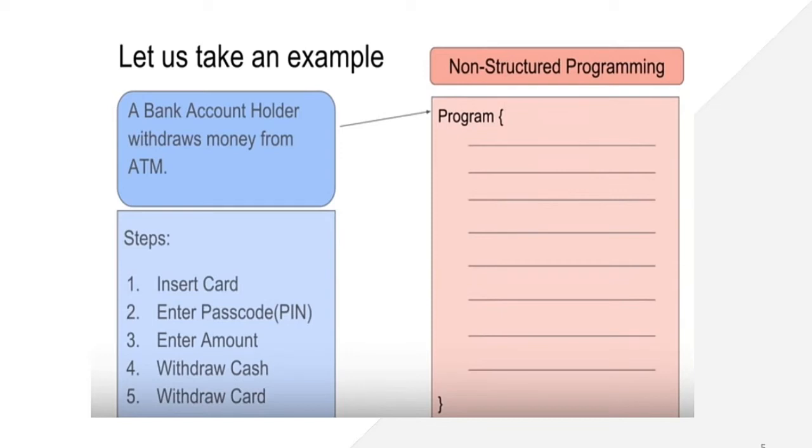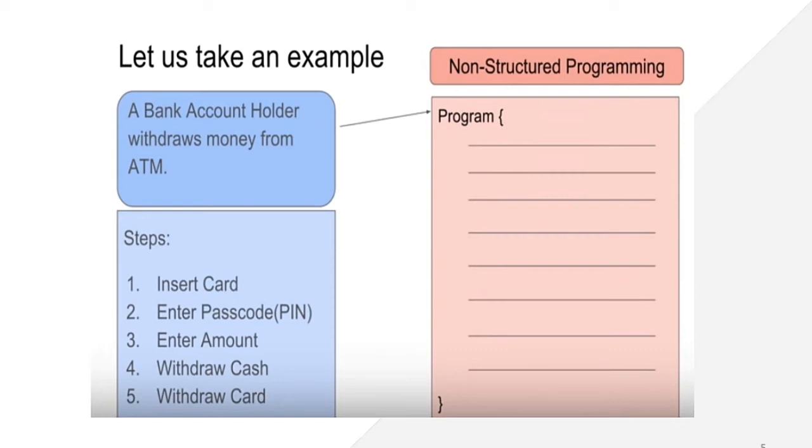After inserting the card, I will enter a PIN code. Then I will enter the amount, how much money I want to withdraw. Then the cash will come. Withdraw the cash and the card, and you will go out. These are the 5 basic steps that everybody will do. Yes or no?